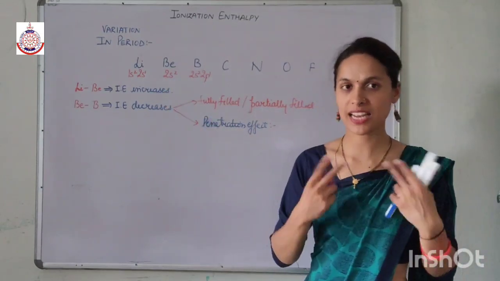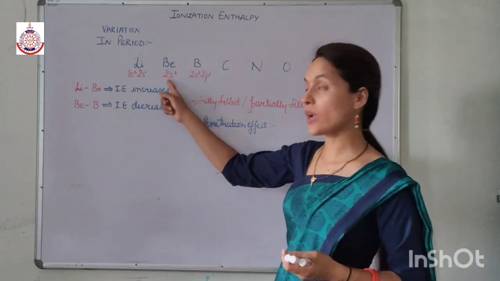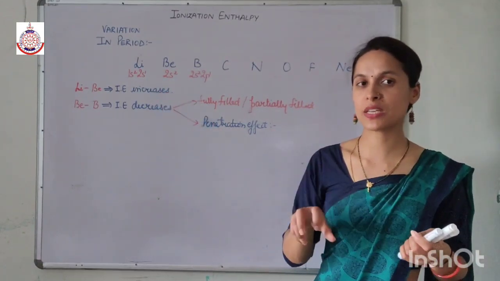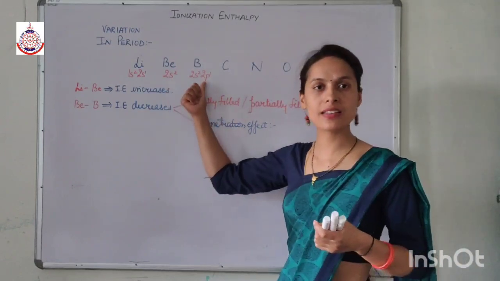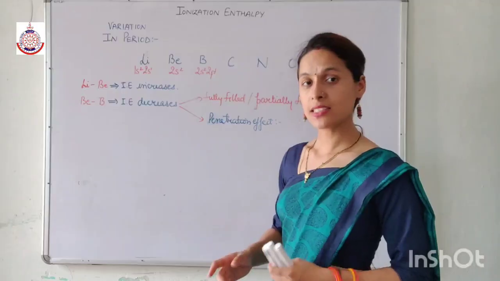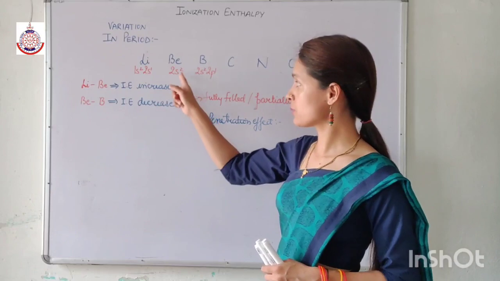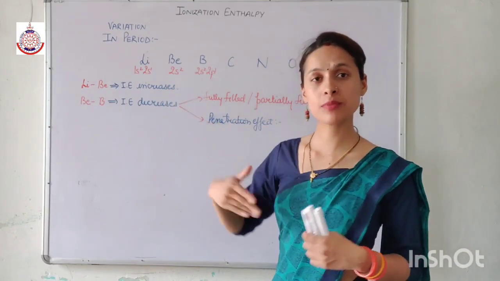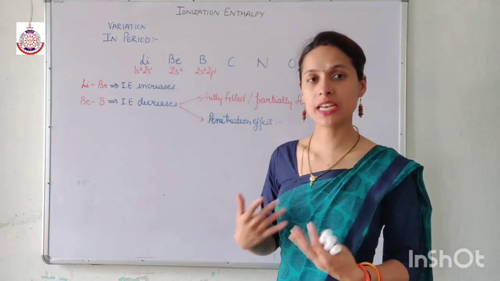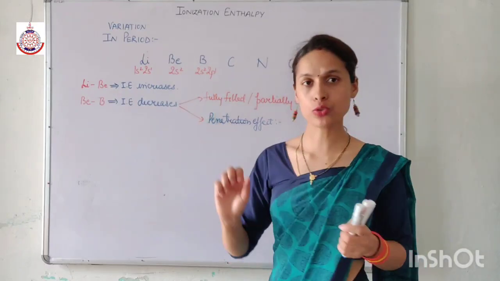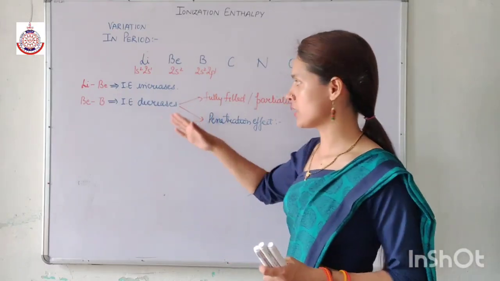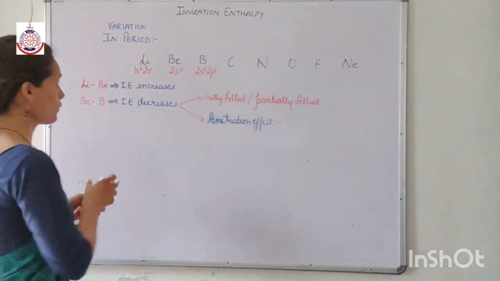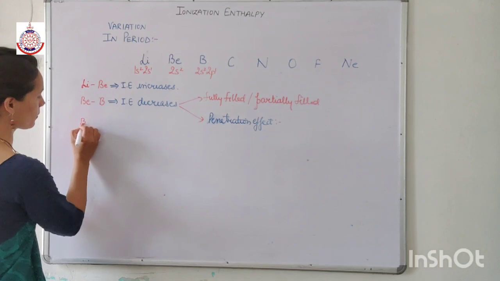Both belong to the second shell, and because 2s is nearer to the nucleus, the force of attraction experienced by 2s is greater than that of 2p. As a result, the penetration effect is more in 2s as compared to 2p. Therefore, it becomes difficult to remove the electron from 2s as compared to 2p, and so ionization enthalpy decreases.